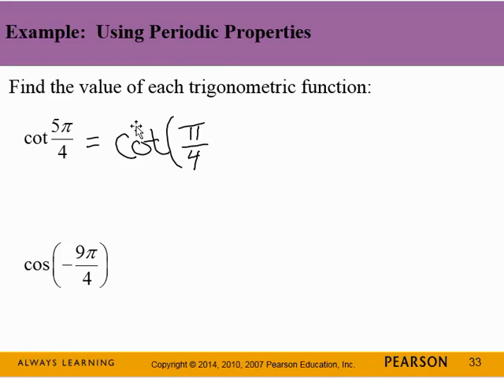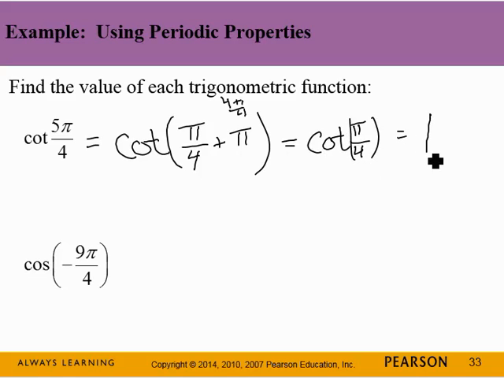So remember, you have pi as your period. So pi over 4 plus pi, which is really 5 pi over 4. So that means cotangent of 5 pi over 4 is the same as cotangent of pi over 4, and you know that to be 1.